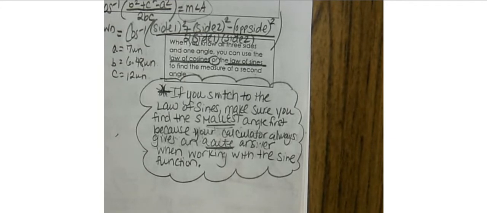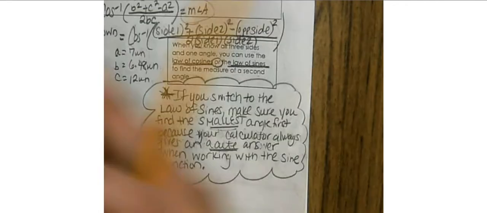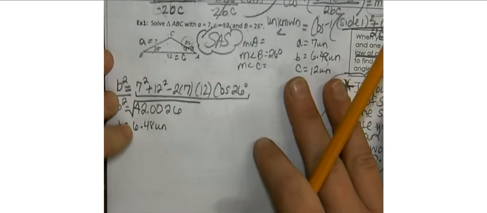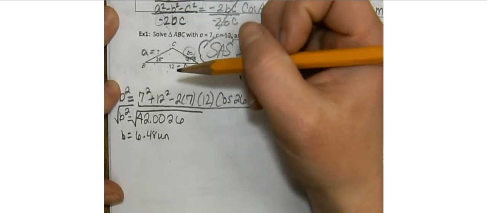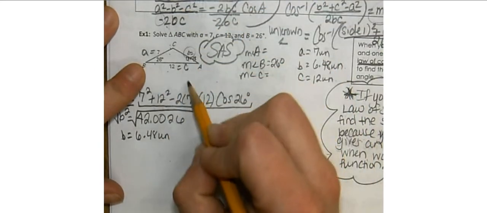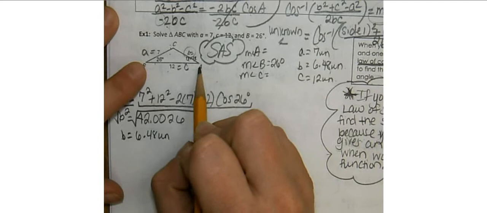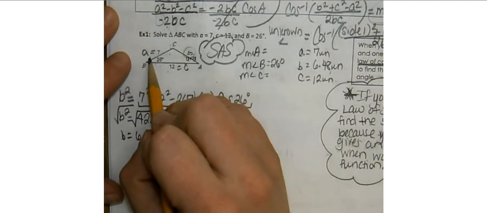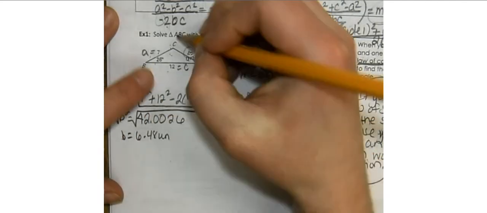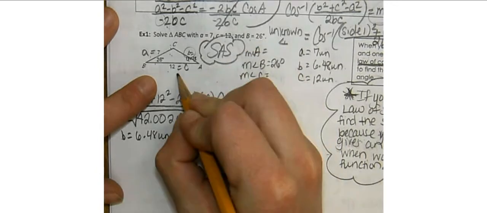I'm still going to switch over to the law of sines. I think it's a little bit faster. And my smallest angle, based on what's remaining, is going to be angle A. Do you see how angle A is across from the side that is 7, versus angle C is across from 12?